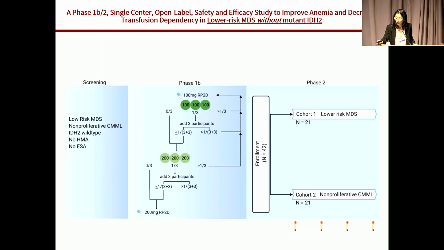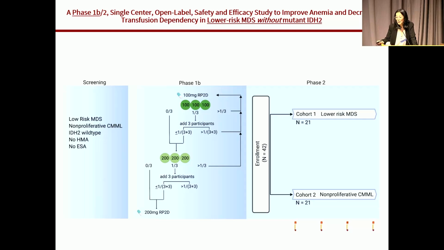And so here's the clinical trial design in enrolling the lower risk MDS patients. And I should just explain that the trial, when started, was meant to look at activity and tolerability in both lower risk MDS folks and then also non-proliferative dysplastic CMML patients.